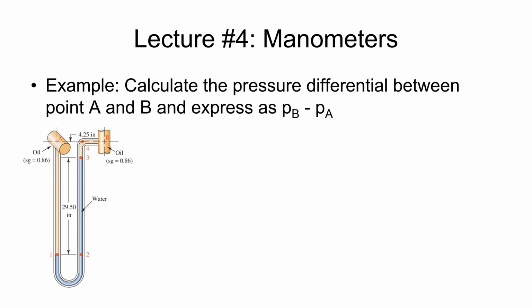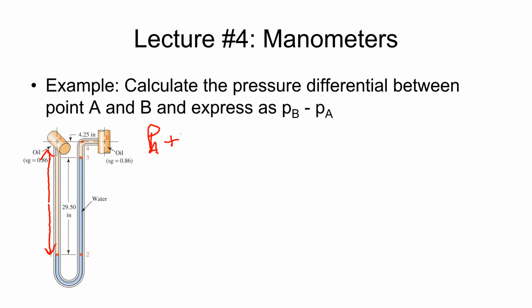So we want to get it into the difference between the pressure at B minus the pressure at A. So if we write that out, again, we want to start at one end or the other. So for this one, I'm going to start at point A. So I'm going to have some pressure at A, P sub A, and on that side I'm going to have my pressure due to the height of my oil.